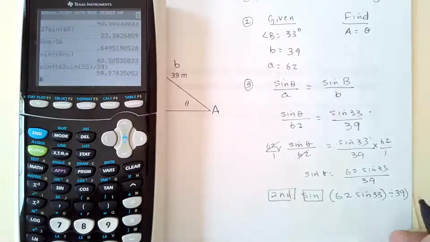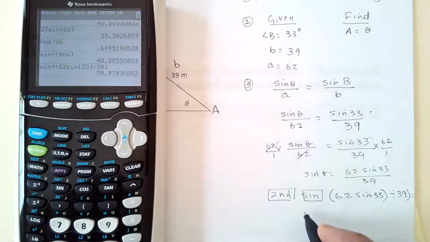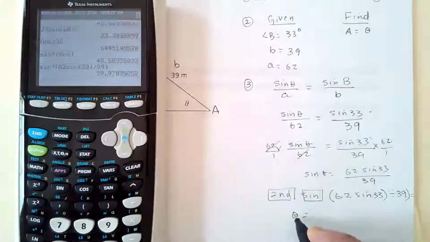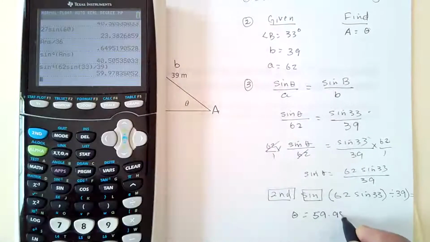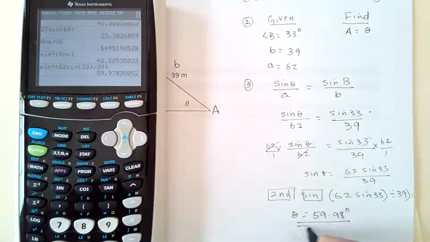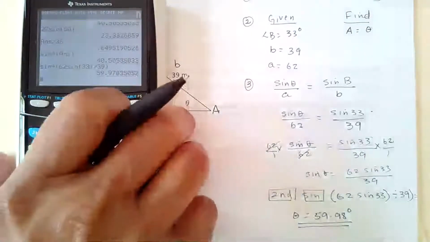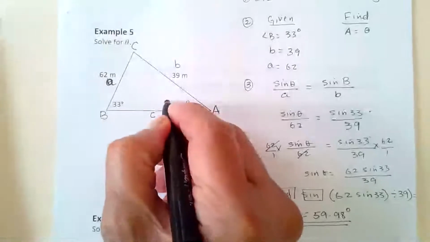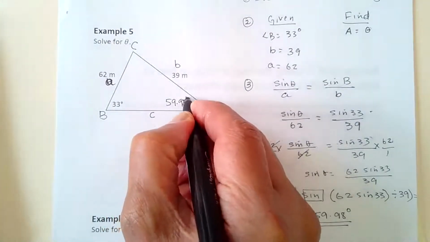Press enter. And this gives me theta is 59.98 degrees. I'm rounding to 2 decimal places. So theta here is 59.98 degrees.